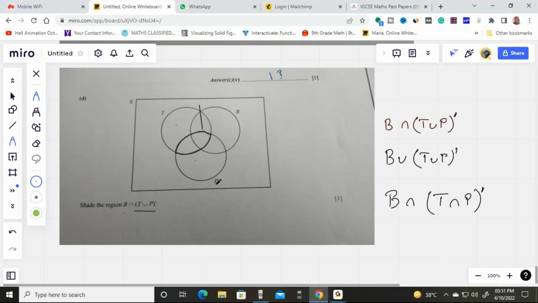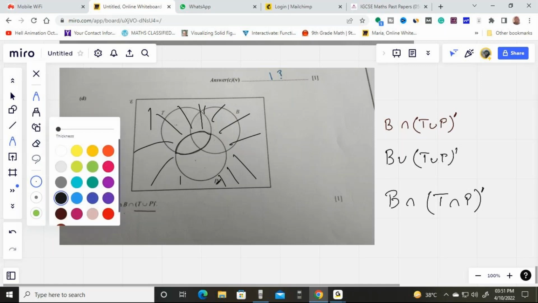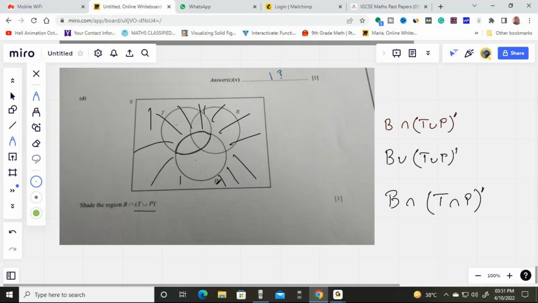This is the region which is T intersection P whole complement entirely. And then you ask where is my B? My B is this. I must use red color this time. So my full B is this.